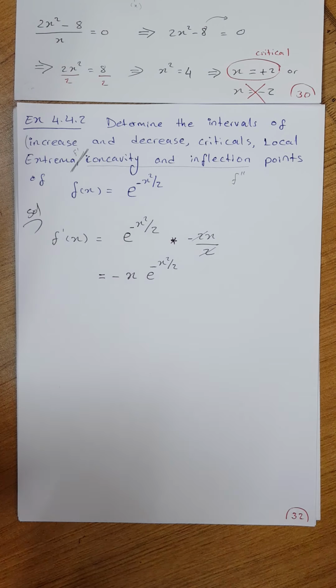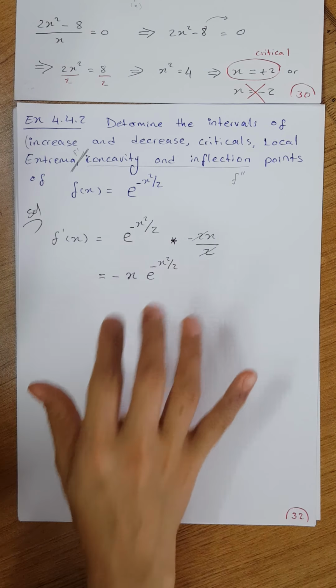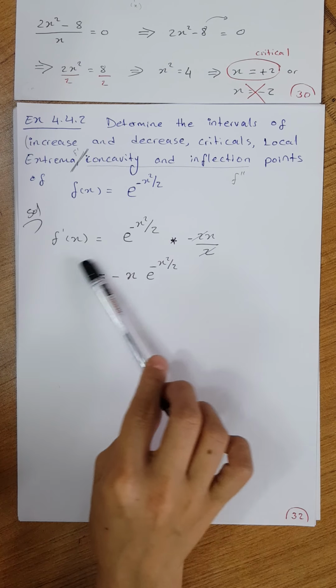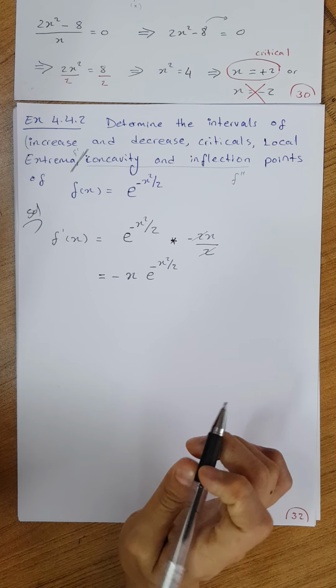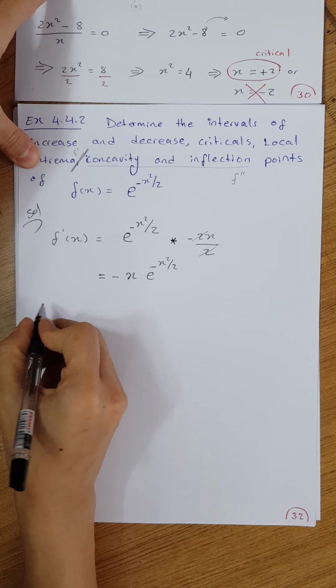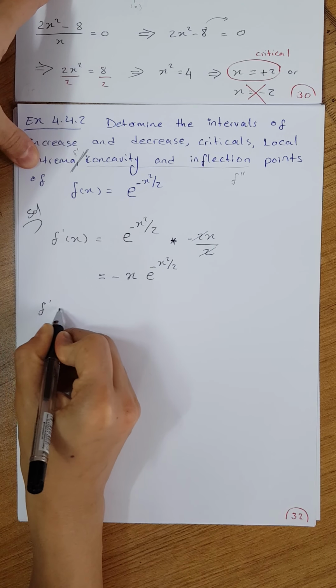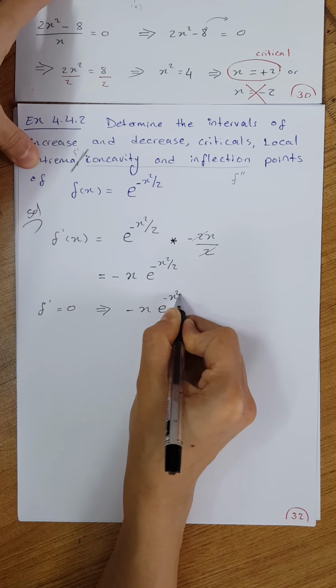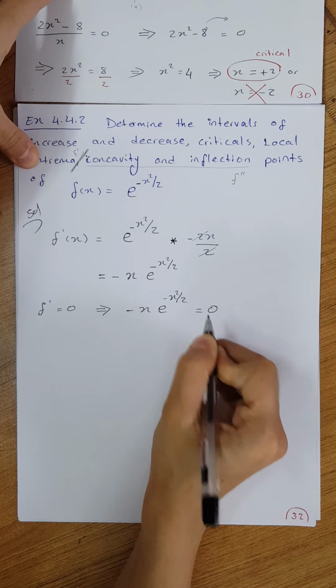Okay, if you look at that function, we have to find those numbers that make the first derivative equal to 0 or undefined. Do I have any number that makes this one undefined? No, I don't have it. So I'm simply searching for those numbers that make the first derivative equal to 0. So that means minus x e to the power of minus x squared over 2 is equal to 0.